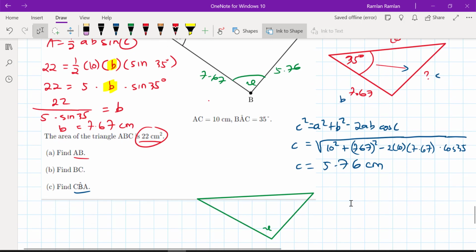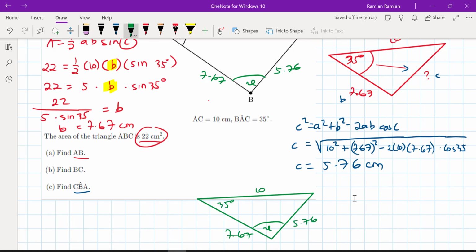The position that does matter, like which side is opposite to which angle, is very important. So this is the X angle, which we don't know. This is 7.67, this is 10, this is 5.76, and this is 35 degrees.